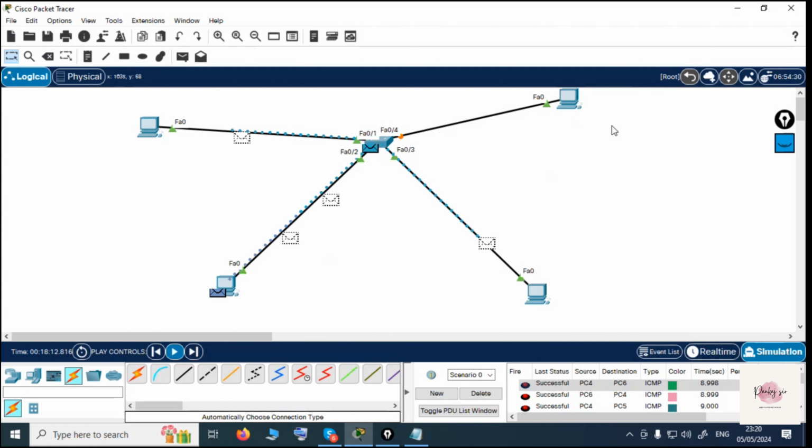See, now you can see collision has started. But let this get green first. Let me bring it to real time.